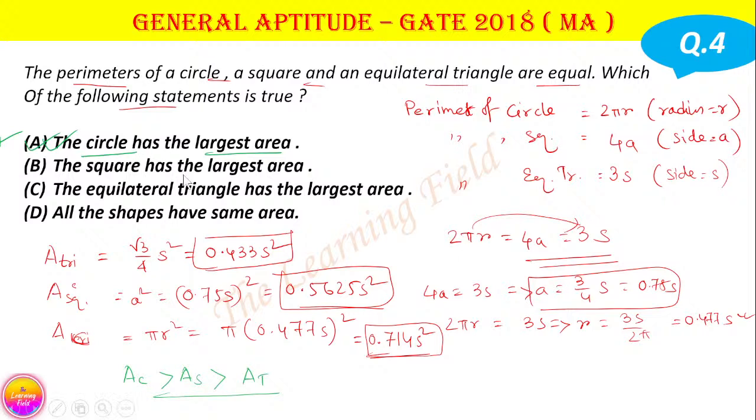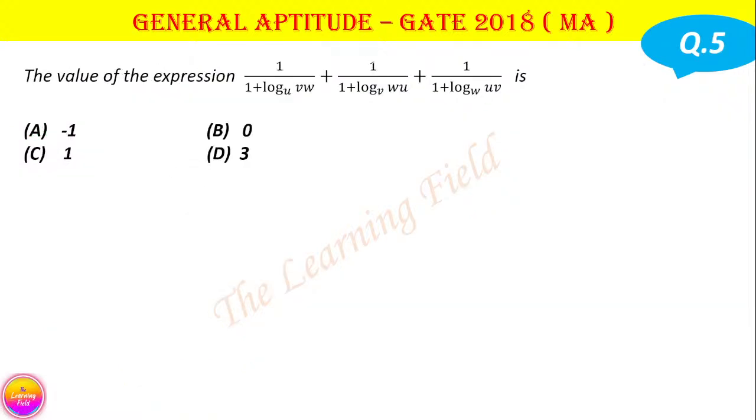Now we go to the next question. Question number 5. It says the value of the expression 1 by 1 plus log u base vw, 1 plus this and 1 plus this. If we convert this logarithm, the first one, log of u base vw, we can write log of vw by log of u, and these logs are base e.